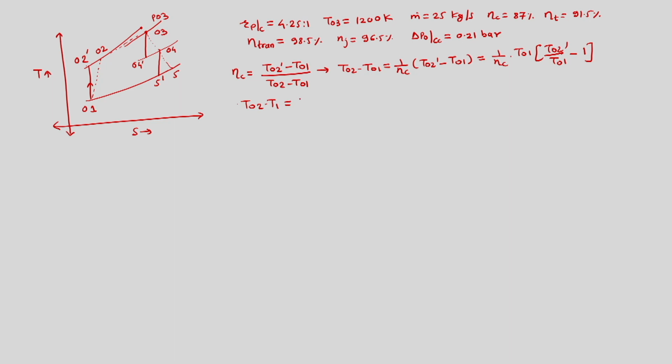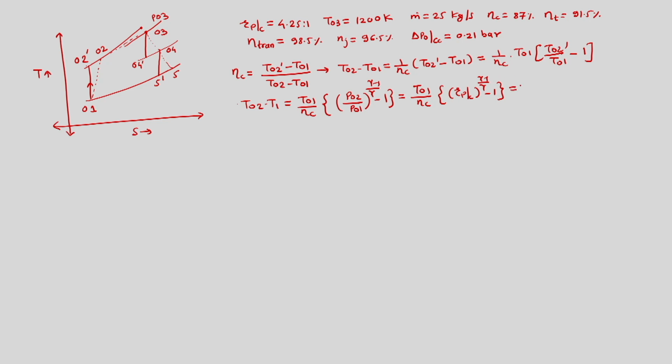So we can have T01 upon compressor efficiency into P02 upon P01 bracket raised to gamma minus 1 upon gamma, which is necessarily the RPC bracket raised to gamma minus 1 upon gamma minus 1.